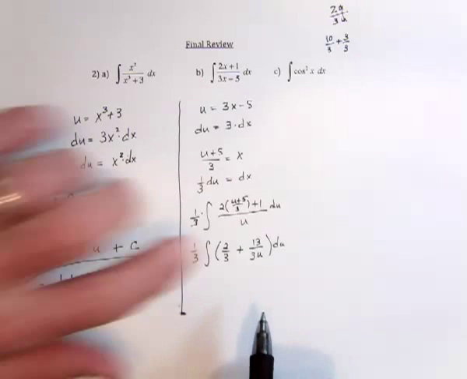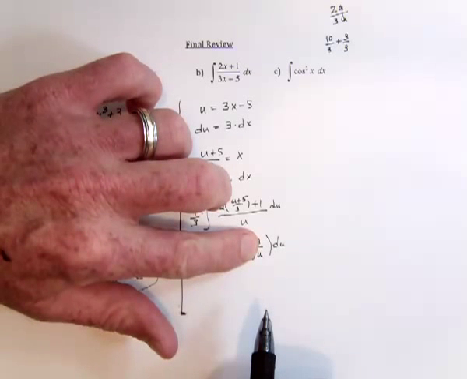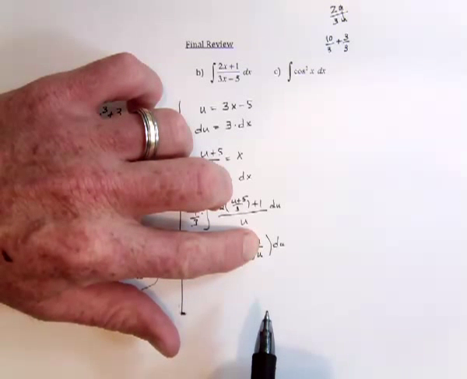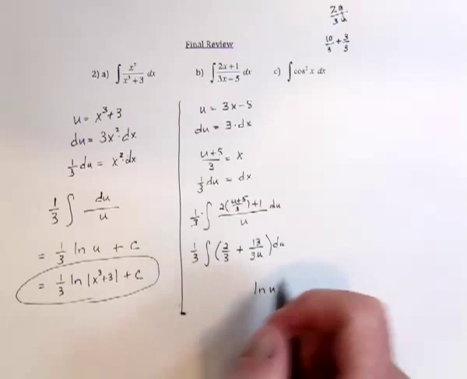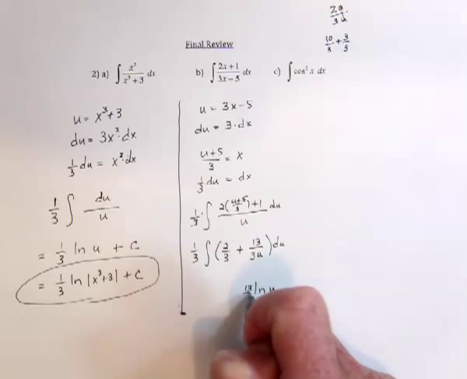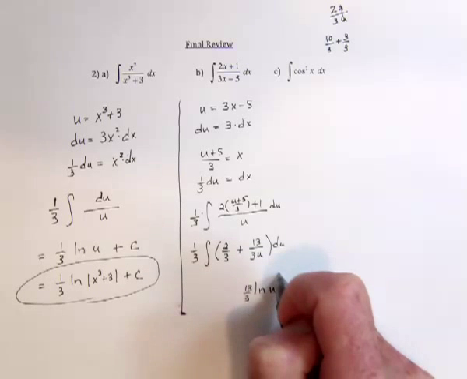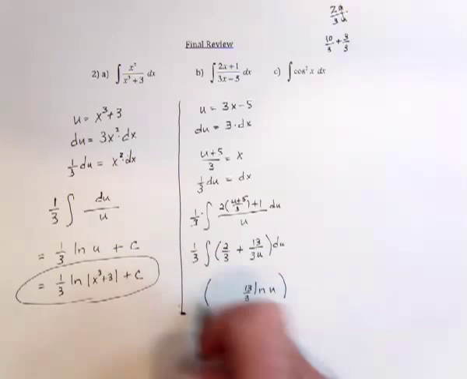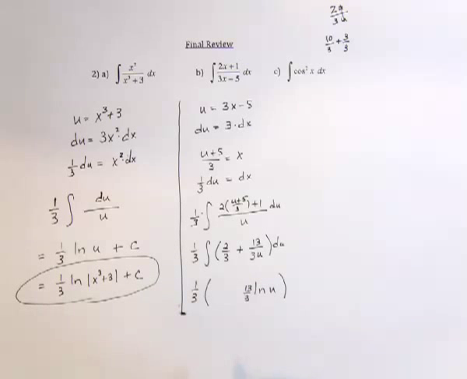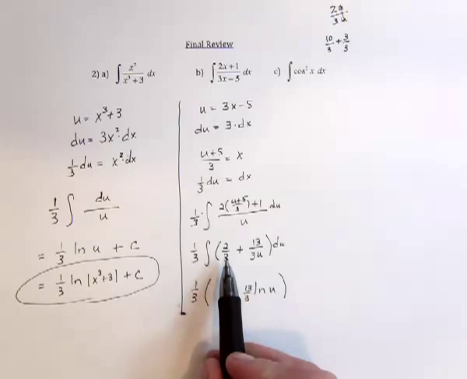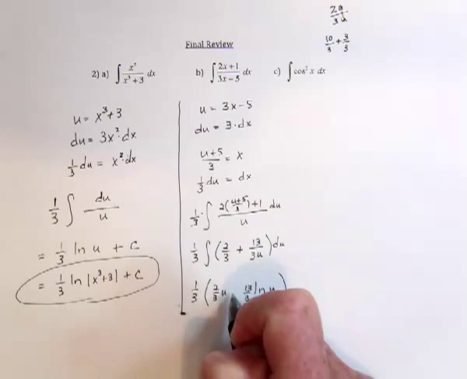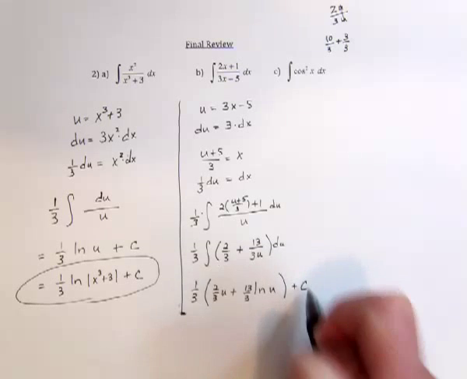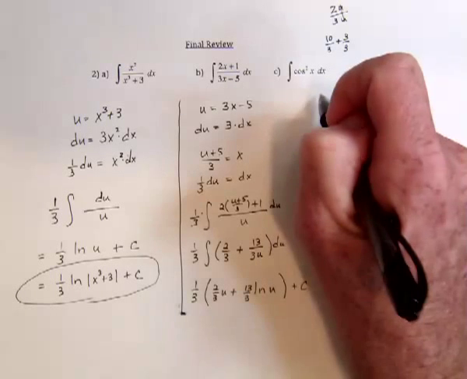So this one is essentially like 1 over u, or du over u. That's natural log of u. And then the constant 13/3 would just be in front. And then integrating this one with respect to u would be 2/3 u, and then plus a constant of integration.